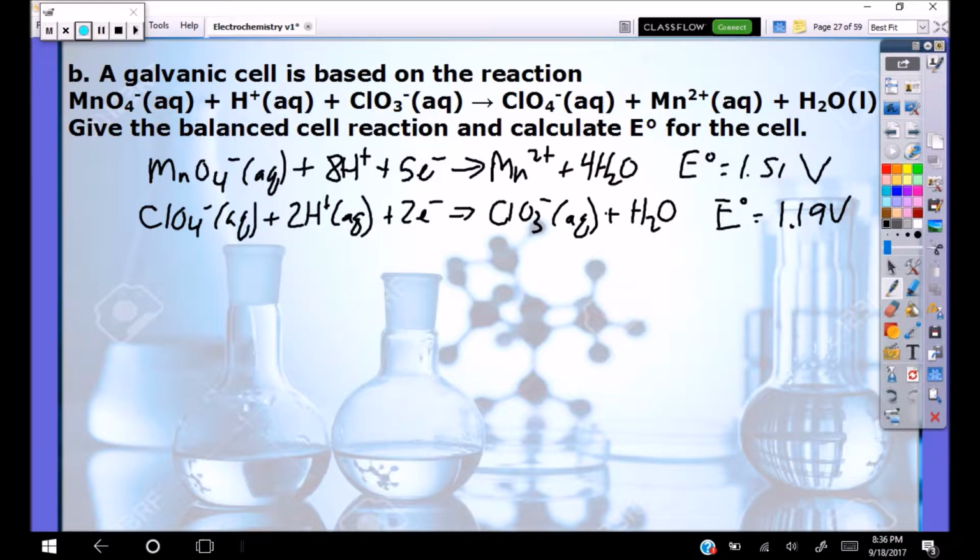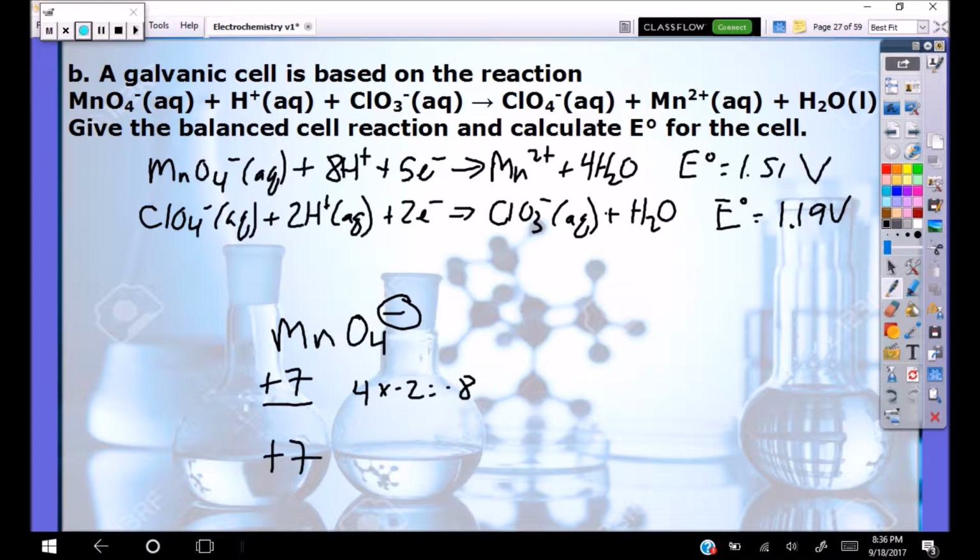This one's fairly easy. You can just get used to figuring out manganese. Anytime you have MnO4, we know we've got 4 times -2, which gives us -8. So some number plus -8 is going to give us our charge of -1. So manganese has to be +7.